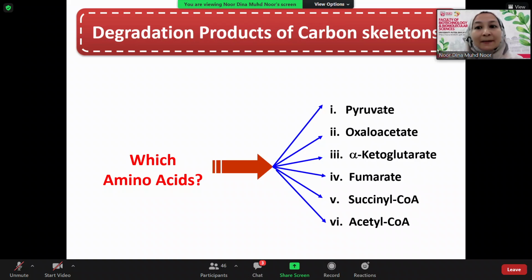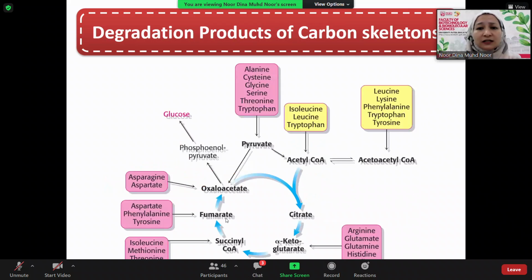I'm not sure if you notice that all of these can be found in the TCA cycle, and also the urea cycle, and even during the gluconeogenesis process itself. Because of the presence of these intermediates, this makes amino acid catabolism very significant to the pathway, to metabolism totally.